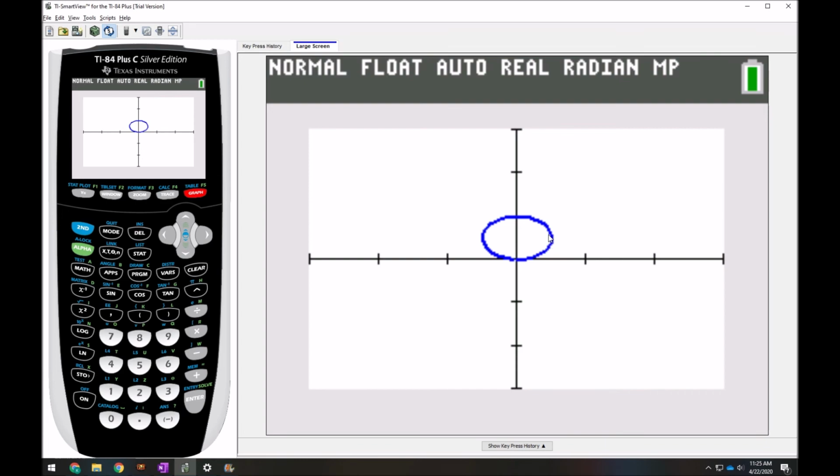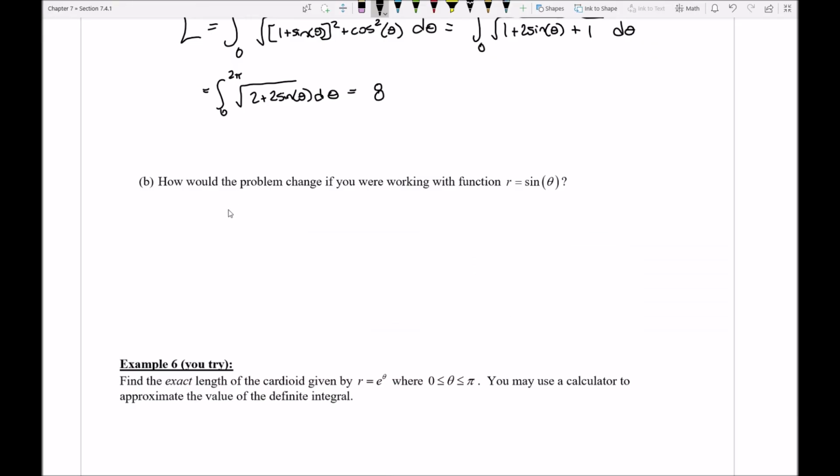So if I was to start to compute this, I could see that this function is traced once for values of theta that apparently go from 0 to pi.